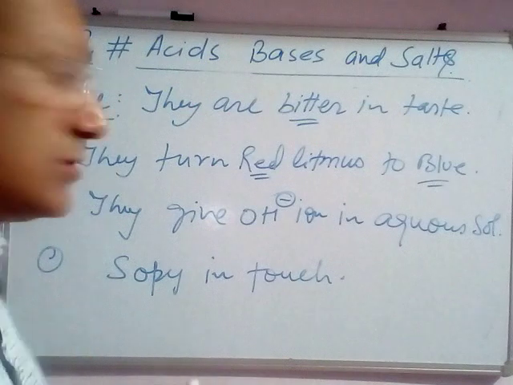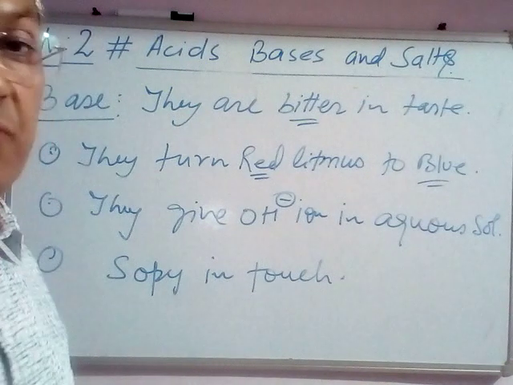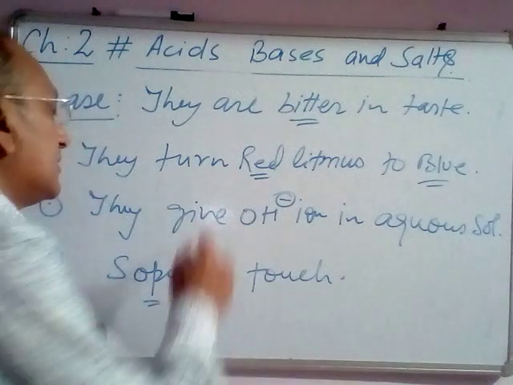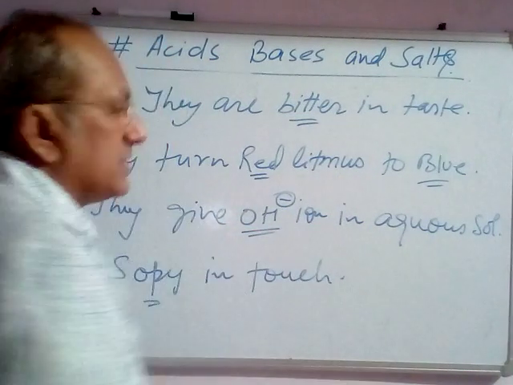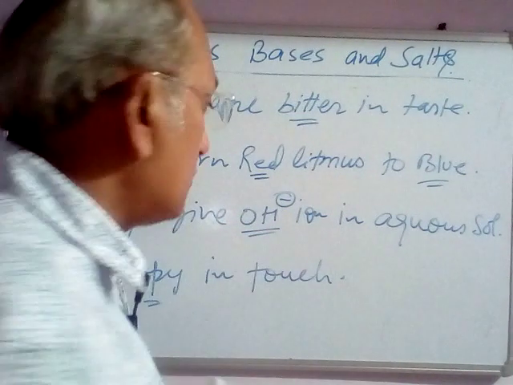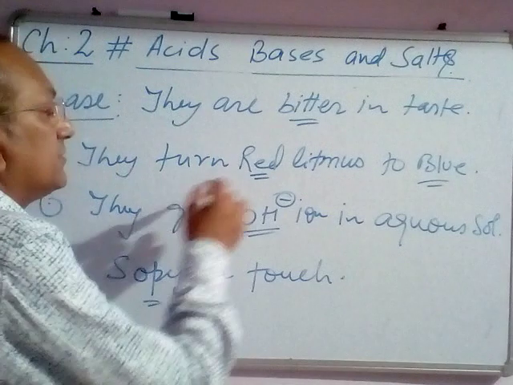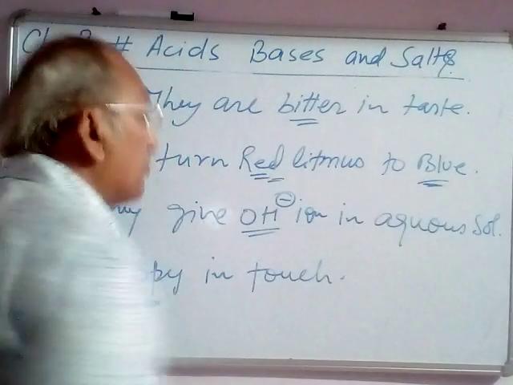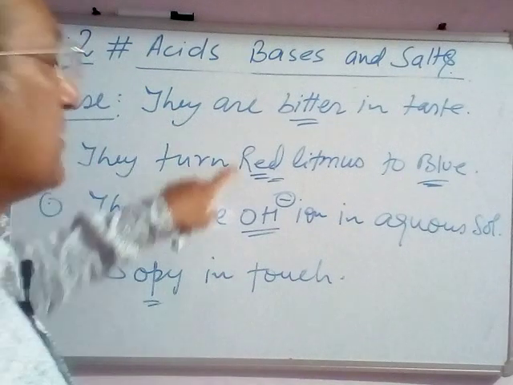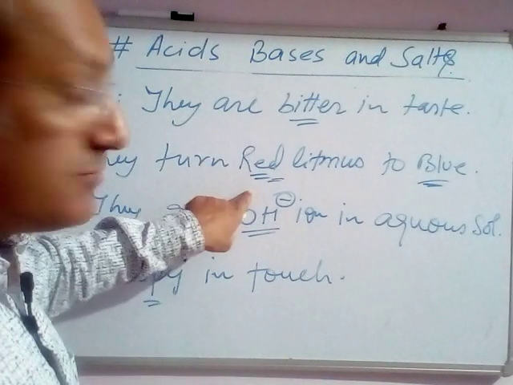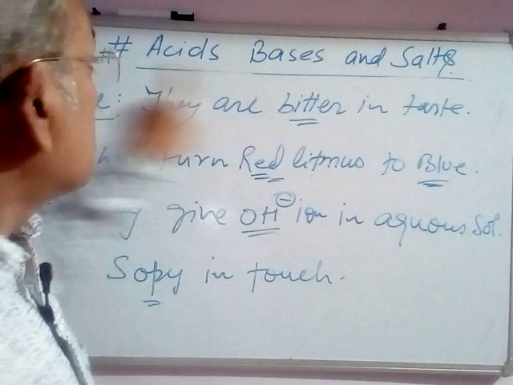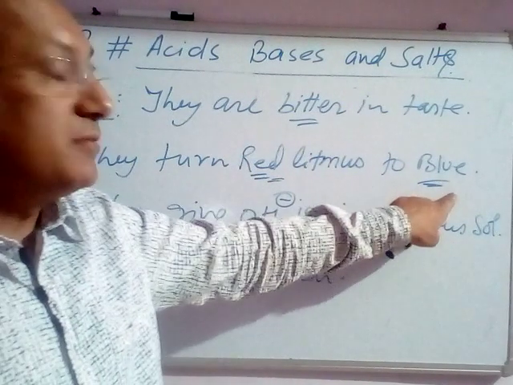When we touch a base, we feel like soap. They give OH minus ion in aqueous solution. They turn red litmus to blue. The color of litmus paper is red, and when it contacts a base, its color becomes blue.